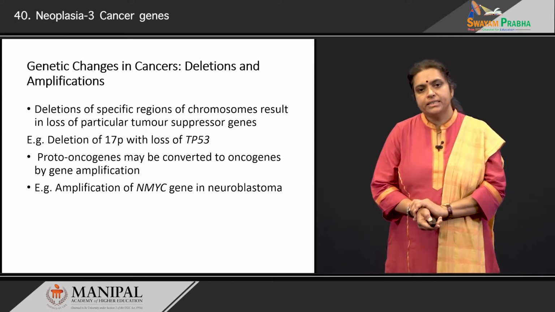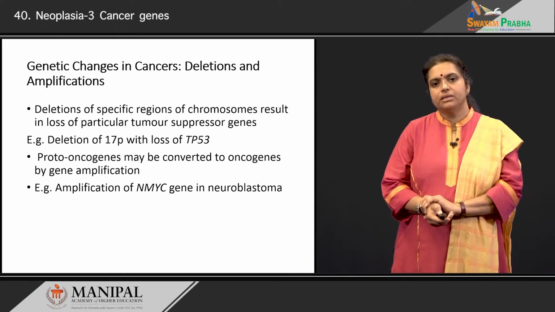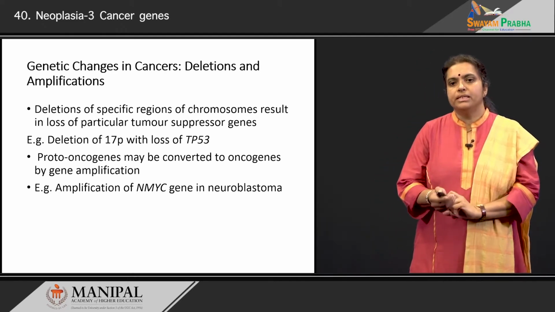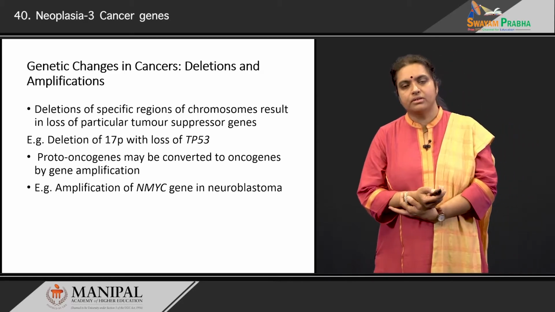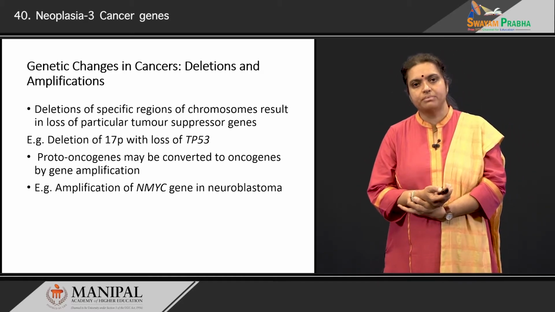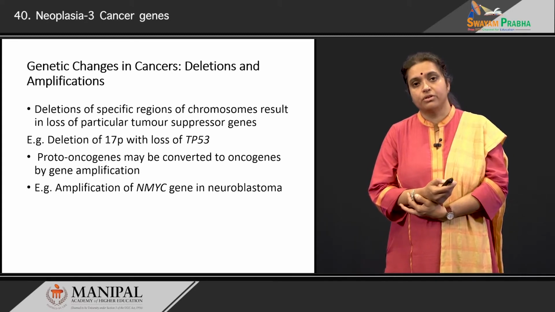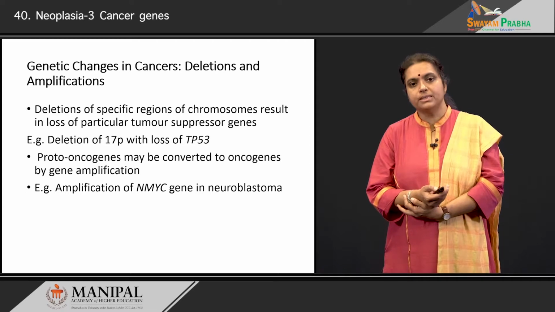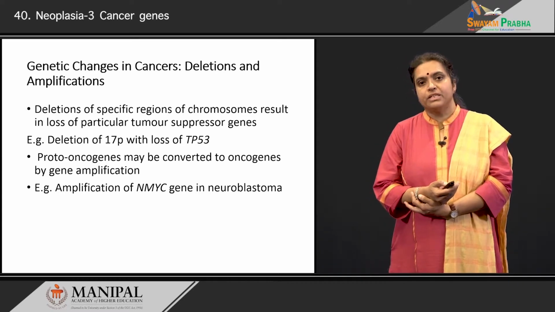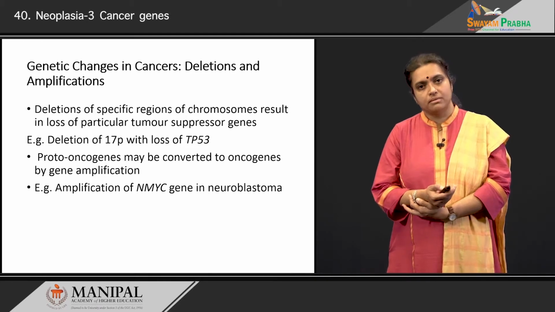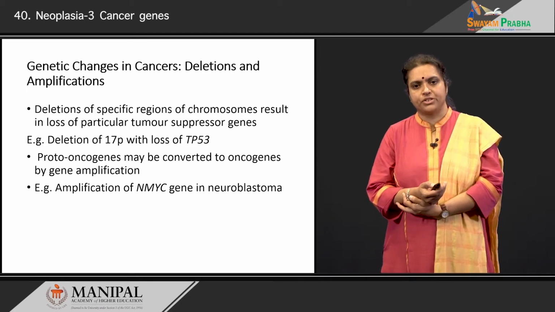Now, the other genetic changes in cancers include deletions and amplifications. Deletions usually occur in the context of tumor suppressor genes, because we now know that tumor suppressor genes have a whole lot of normal cellular functions. And deletions of these specific regions of chromosomes result in loss of particular TSGs, or tumor suppressor genes.